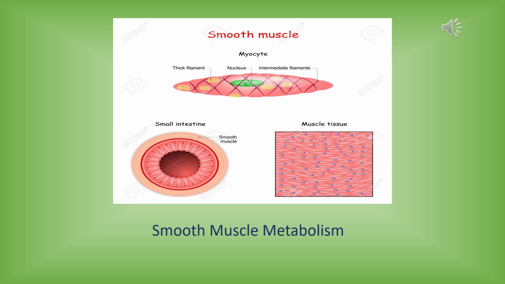Okay, so these are some of the characteristics of smooth muscle tissue, such as we would have in the walls of the bronchi, the arteries, the stomach, the intestines, and the bladder. So we have smooth muscle tissue distributed throughout the body.